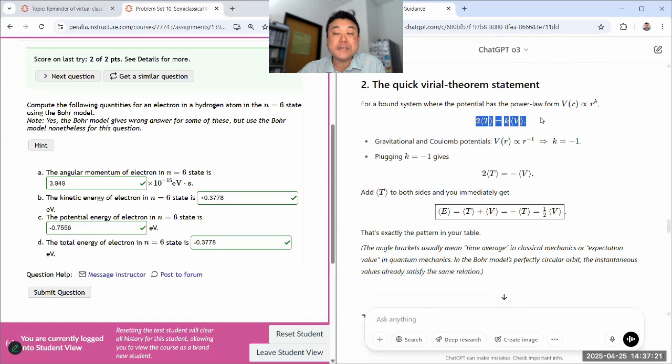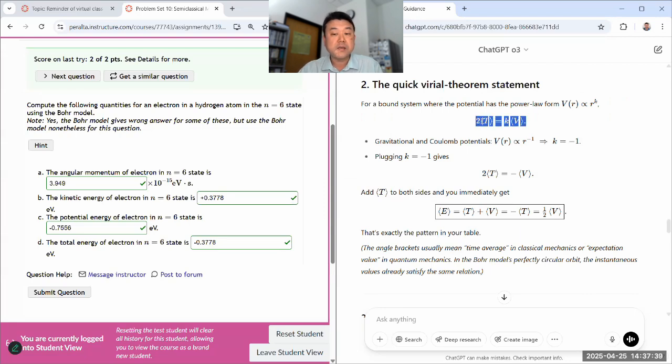So anyway, this is a statement that can be proven and is proven in textbooks. I wouldn't attempt proving it myself, except maybe for special cases, like a circular orbit of a satellite in a gravitational potential.